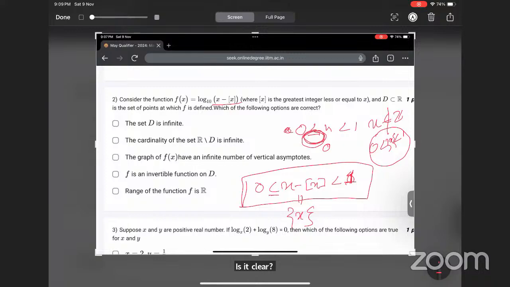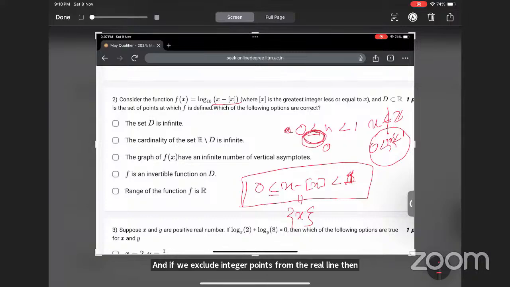At integer points we always get 0, and at 0 the logarithm is not defined, so we will exclude the integer points. So the domain becomes R minus the integers, that means the real line minus the integers. The integer points are infinite, and if we exclude them from the real line, the excluded portion is also infinite.